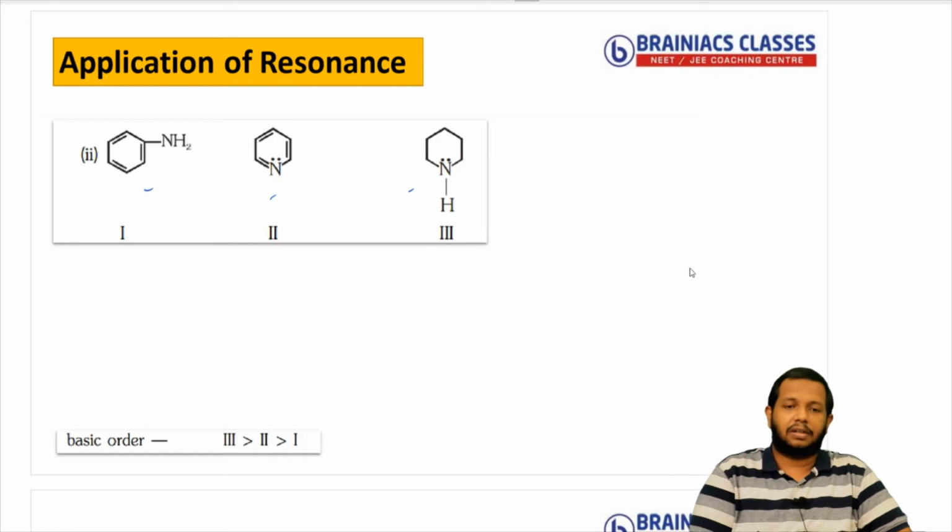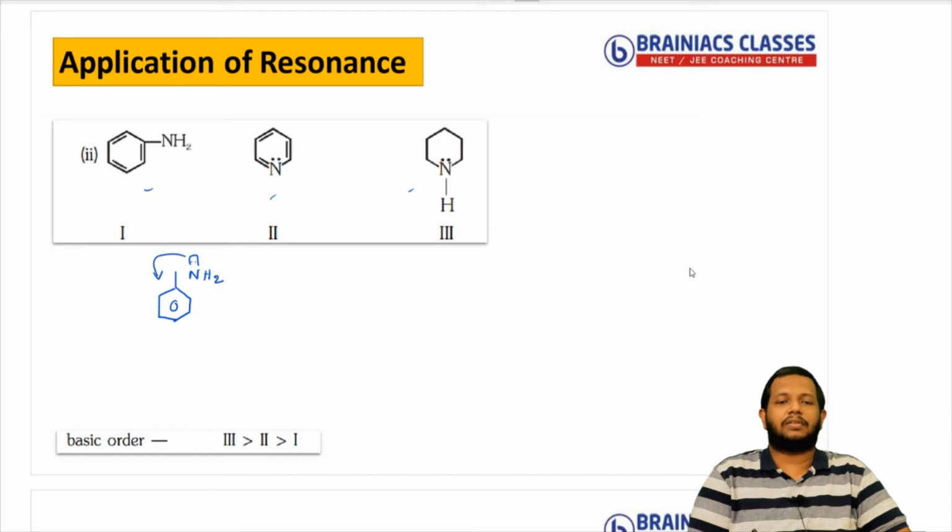In the first one, again it is aniline that is given. So I can say it like this, NH2 with a lone pair. This can enter into resonance. So the lone pair is not available for donation. Why? Due to resonance.